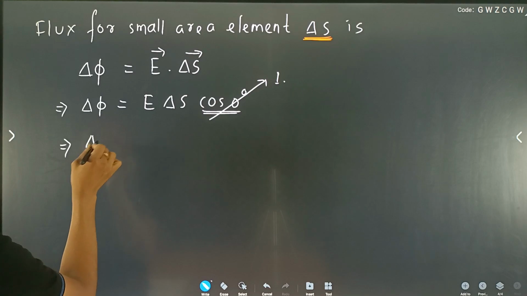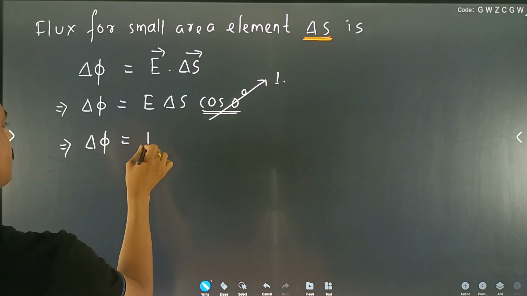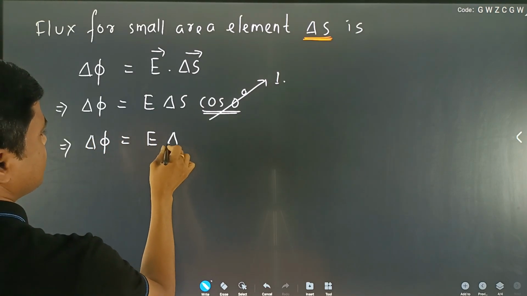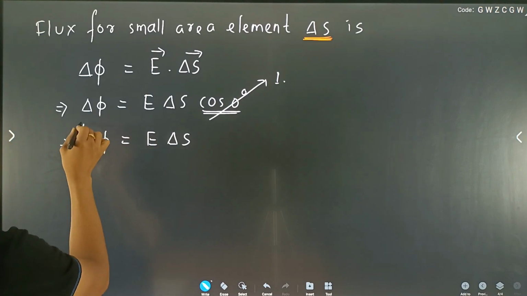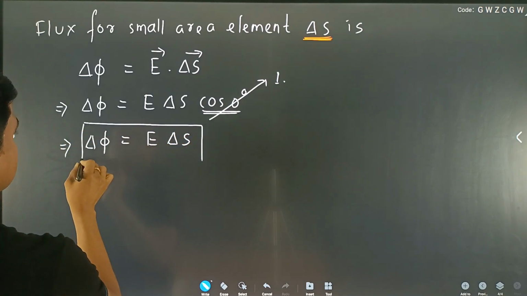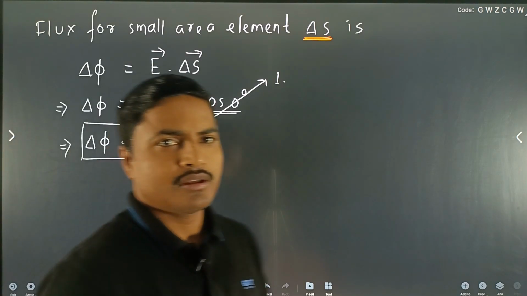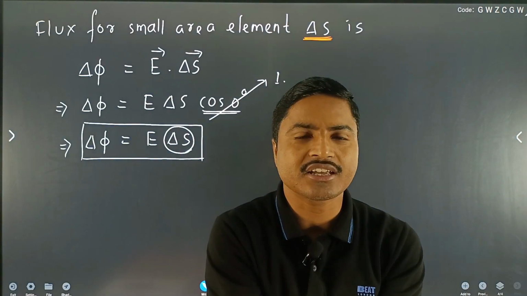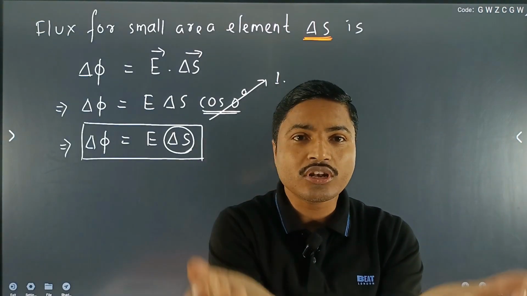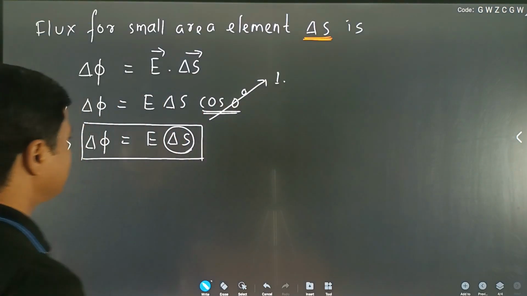That implies we write del phi is equal to E multiplied by del S. This is the flux for a small area element del S. And for the whole Gaussian surface, or the whole spherical surface, what is the flux?